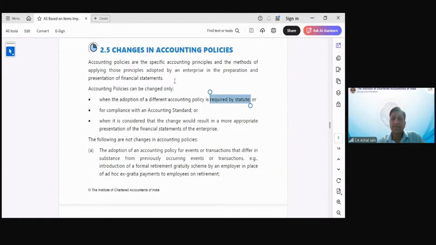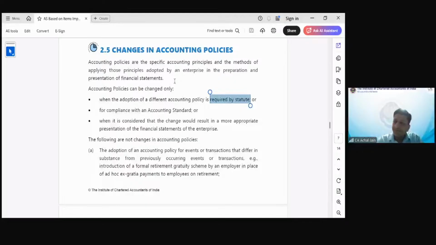Correct? Third, let's suppose within the accounting standard, some new clauses have been added, or maybe a particular para has got changed. Means within the accounting standard, some changes have taken place. These are some of the situations which may result in change in accounting policy due to changes in the accounting standard. Right?